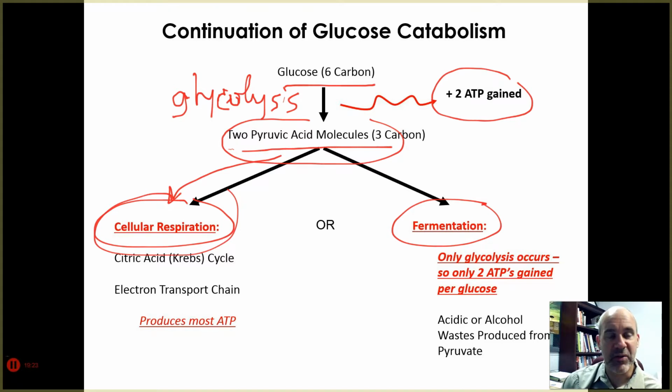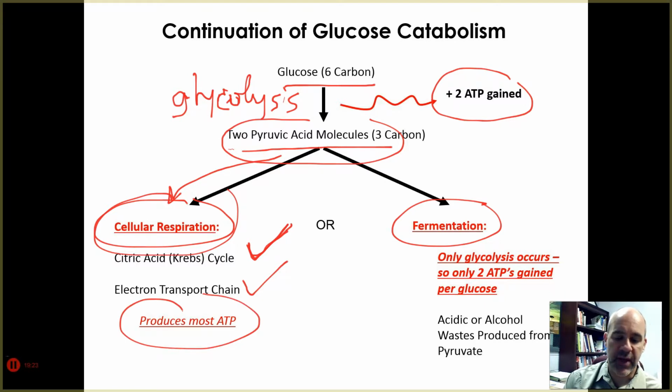Some organisms can do both. So it's not always truly a choice. Cellular respiration involves the citric acid or Krebs cycle and the electron transport chain, and generally produces a lot of ATP. Fermentation actually does not produce any additional ATP. So for every glucose that enters the fermentation step, you're only getting 2 new ATPs for every glucose that you start with.